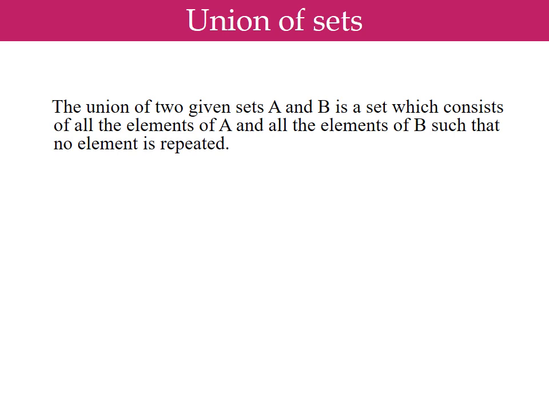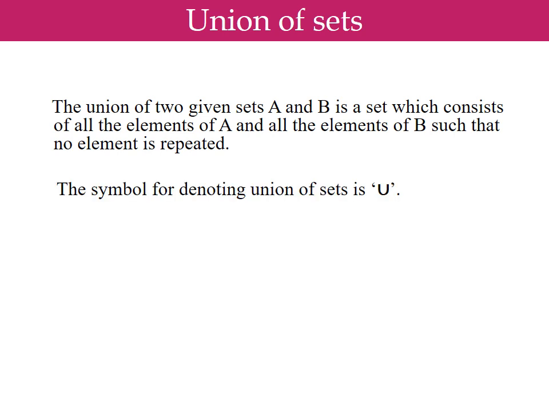We may be familiar with union and intersection from our school days itself. Again, it is my duty to recollect it. The union of two given sets A and B is a set which consists of all elements of A and all the elements of B such that no element is repeated. Example.